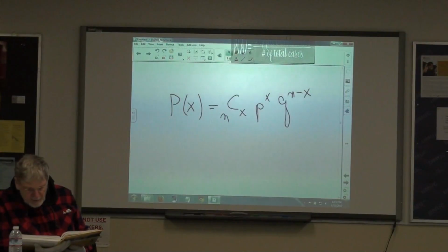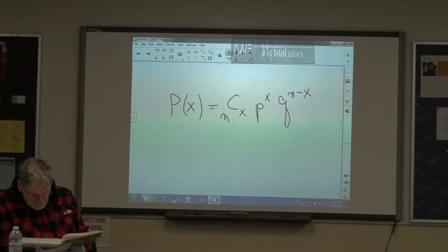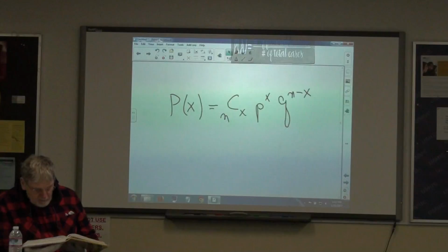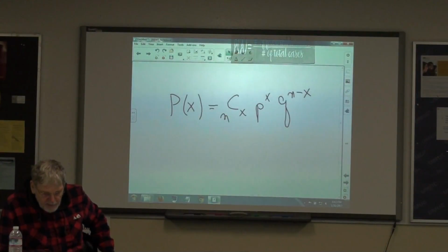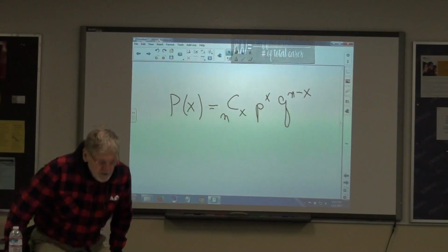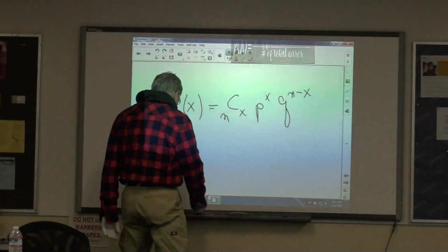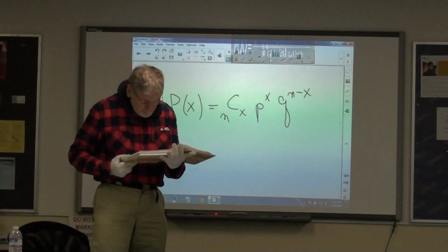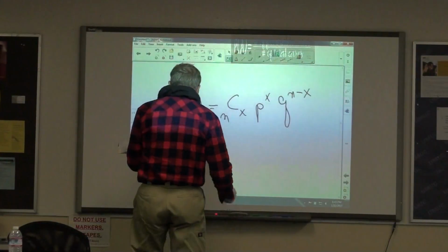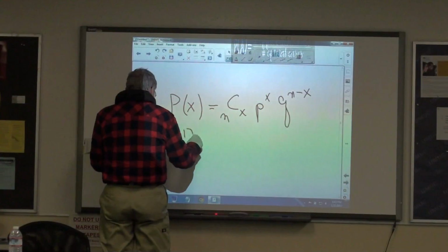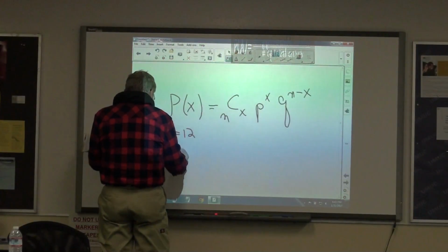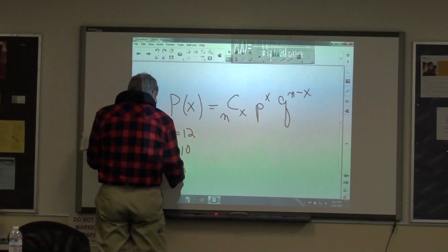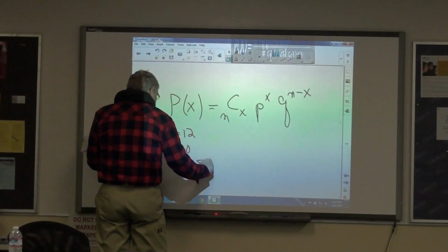So in your textbook, page 241, number 21. N equals 12, x equals 10, p equals 3/4. So we're going to use this equation for these parameters. N equals 12, x equals 10, and p equals 0.75.